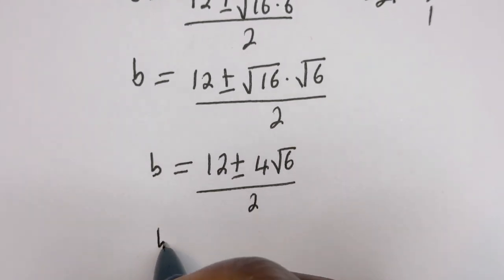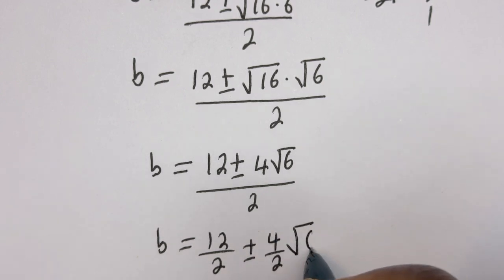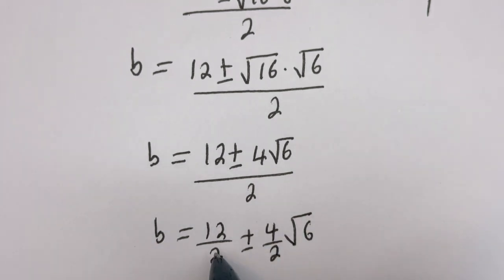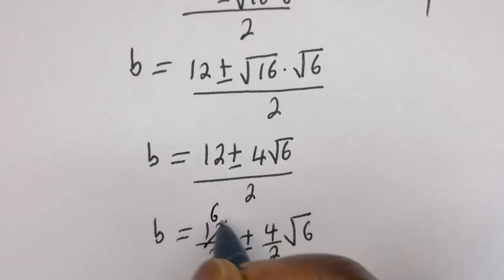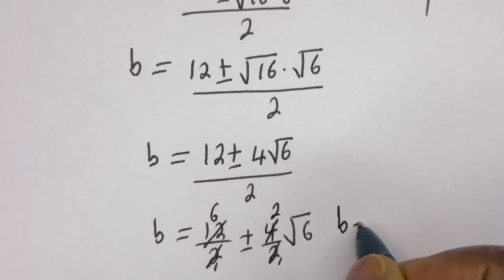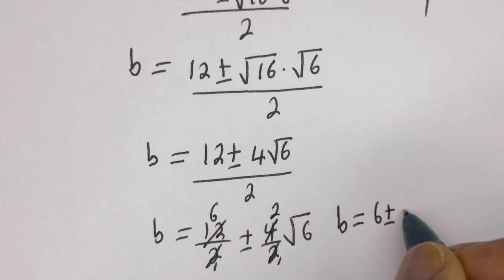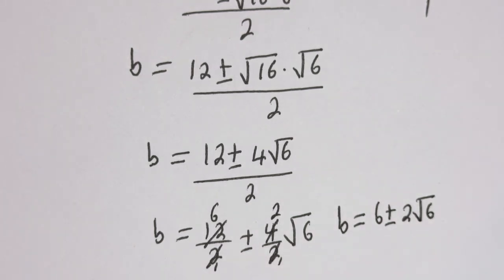Then b is equal to 12 divided by 2 plus or minus 4 divided by 2, root 6. Then b is equal to 6 plus or minus 2 root 6.